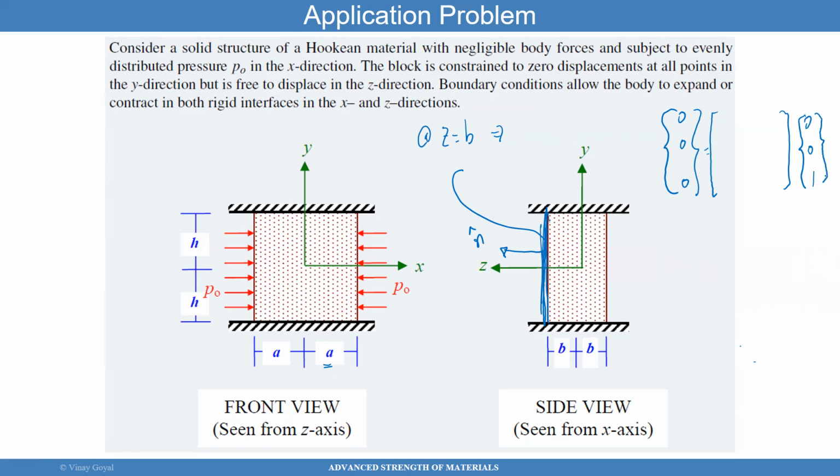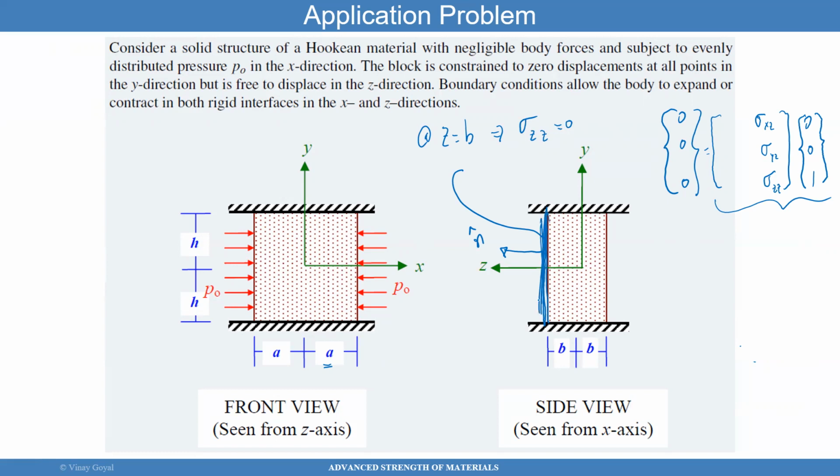And when you do these calculations, you'll find, so this is sigma xz, sigma yz, and sigma zz. I'm not going to type the rest of it because that's the one that's going to matter. When you multiply these two things, you will find that sigma zz is 0 at this boundary that we're looking at.